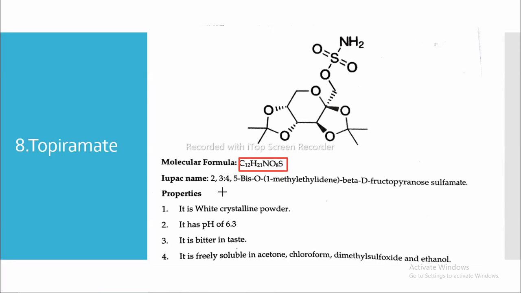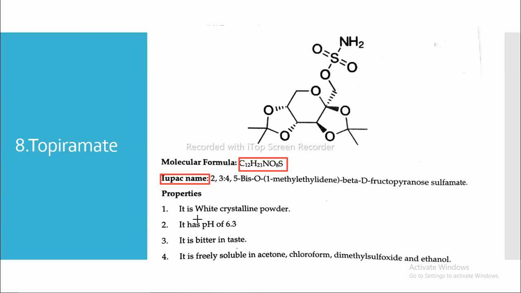IUPAC is 2,3,4,5-bis-O-(1-methylethylidene)-beta-D-fructopyranose sulfamate.